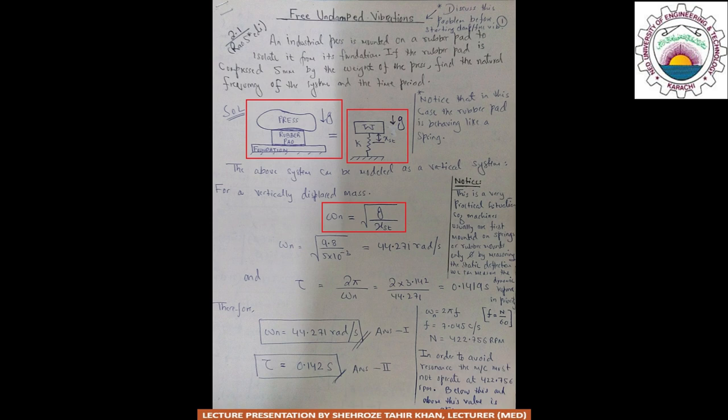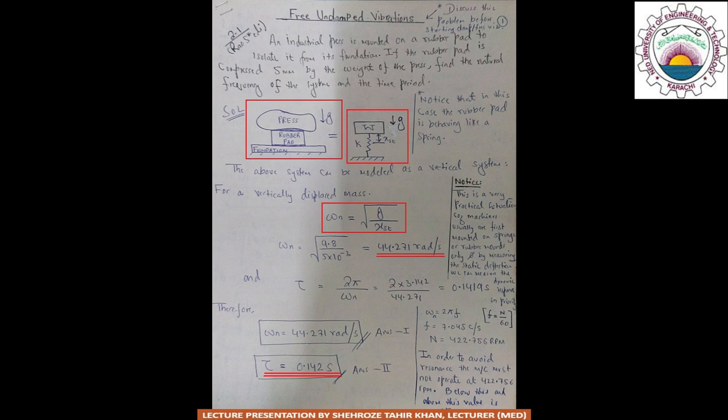We get the natural frequency, which is equal to 44.271 radian per second. By taking the reciprocal of this natural frequency, the time period of the system is obtained, which is equal to 0.142 seconds. So that's the end of problem 2.1.